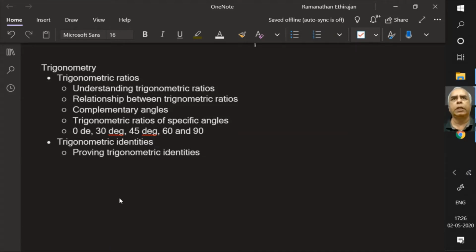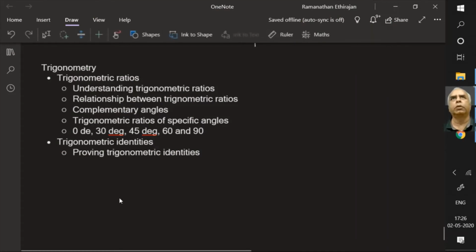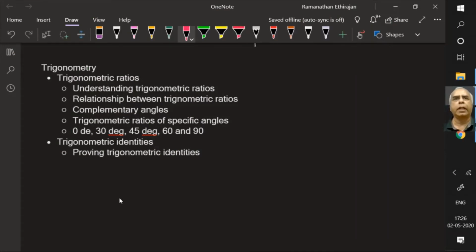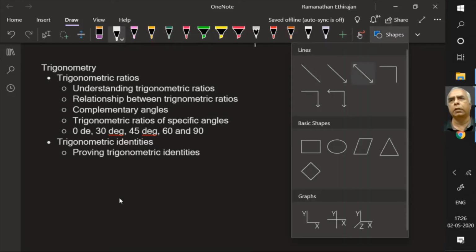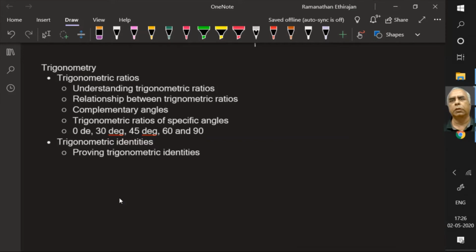So basically trigonometry deals with sides and angles of a triangle. Let us consider a right triangle.